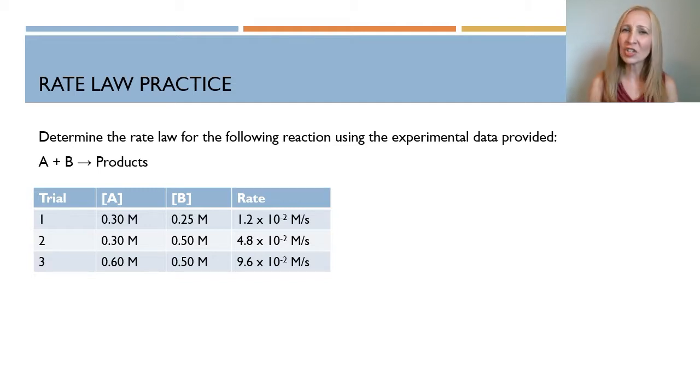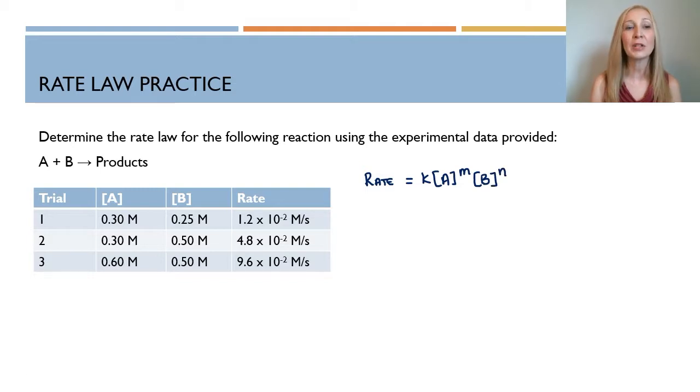Just because we can't change more than one variable and really know how it affects the reaction rate, and you'll see what I mean by that when I actually start solving this problem. So we have A and B, and they're creating products. Now my generic rate law, I'm going to write it out. Rate is equal to K times the concentration of substance A to the power of m, we don't know that information, times the concentration of substance B to the power of n.